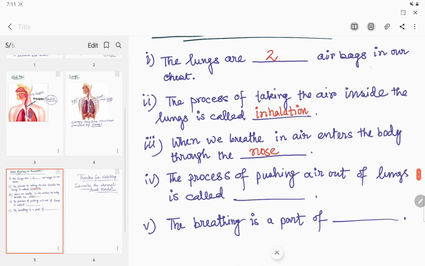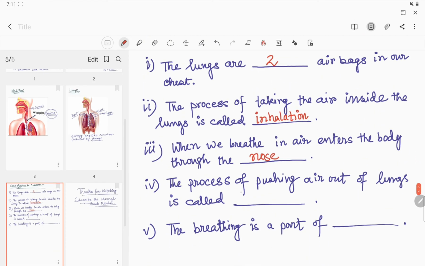And the fourth question: the process of pushing air out of the lungs is called exhalation. And the fifth and last question: breathing is a part of the respiratory system.